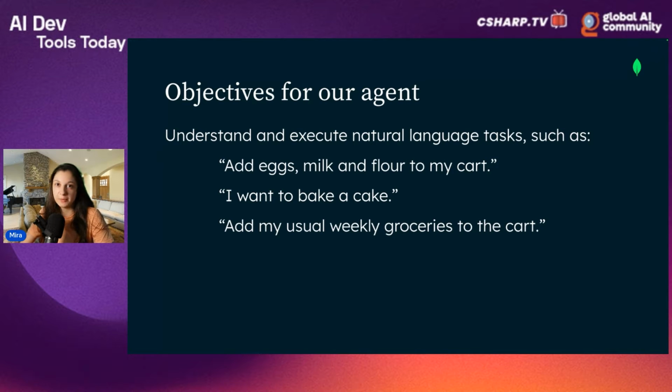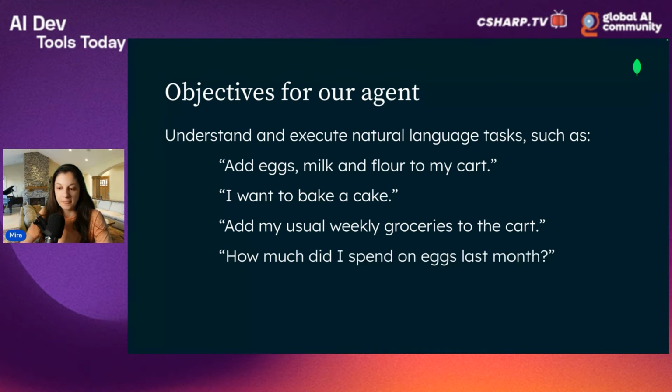Also, I should have access to my past orders. So if I say, add my usual weekly groceries to the cart, it should fetch my previous orders and replicate this order. And there will be a bunch of data that will be collected over time as I use this agent and as I do groceries online.